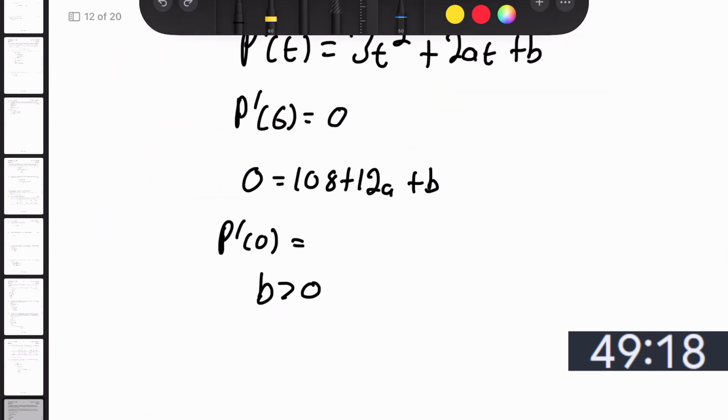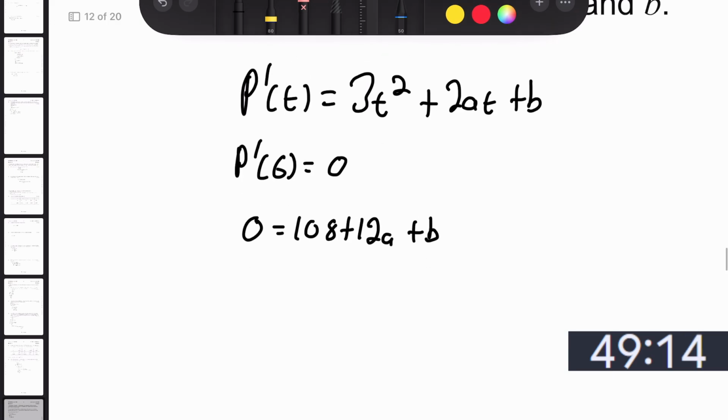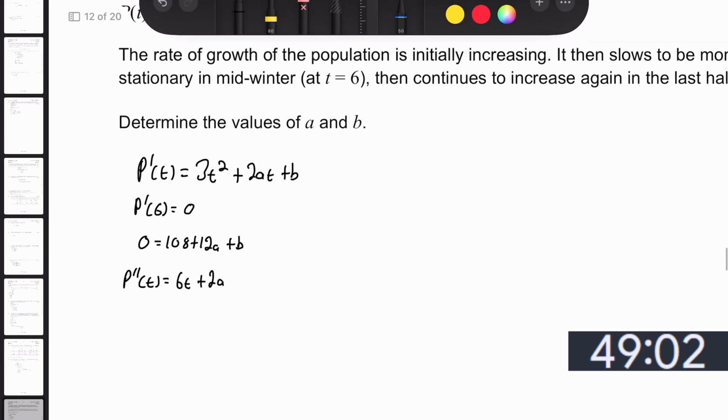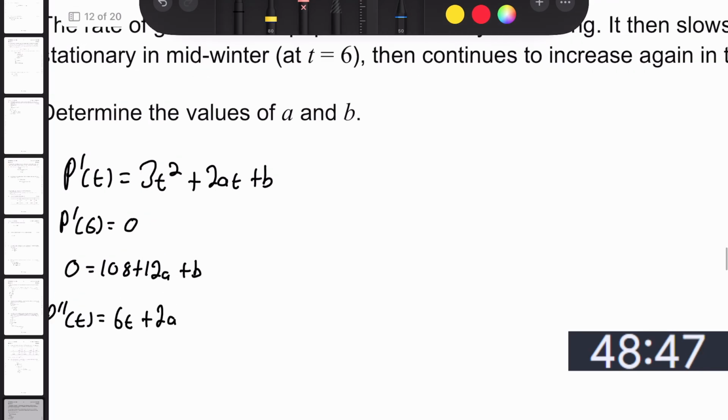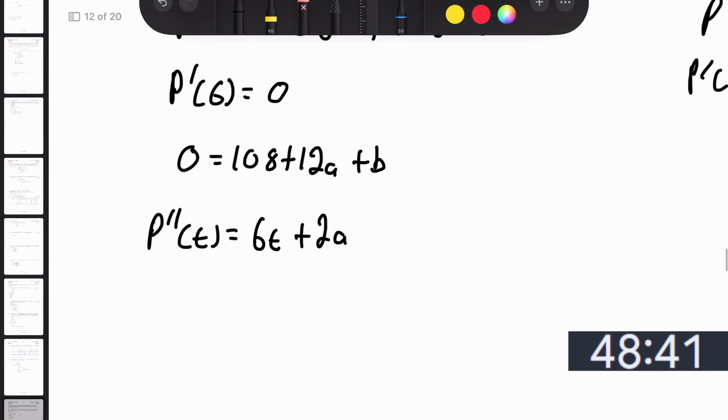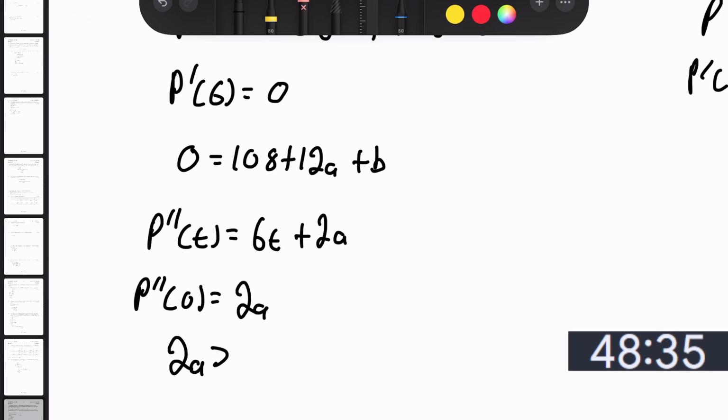So let's find p dash dash of t is 6t plus 2a. Initially increasing, the rate of growth of population. So I have my population as p. The rate of growth of it is p dash of t. And if it's increasing, then p dash dash of 0 is equal to 2a. So 2a is greater than 0.